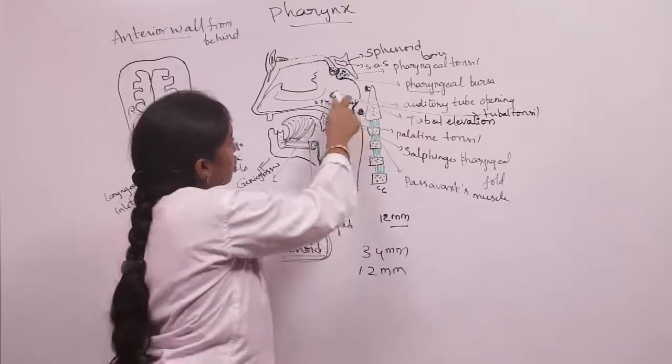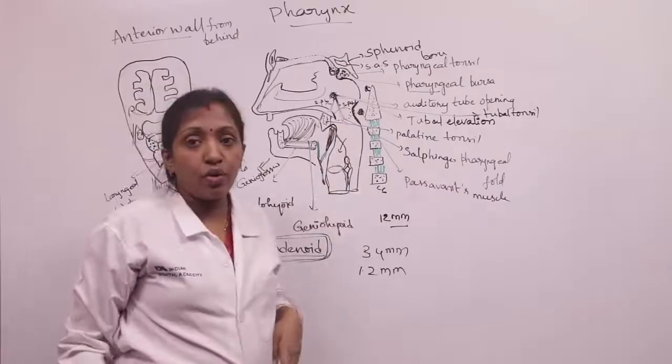From the tubal elevation, two folds extend: the salpingopalatine fold and the salpingopharyngeal fold.